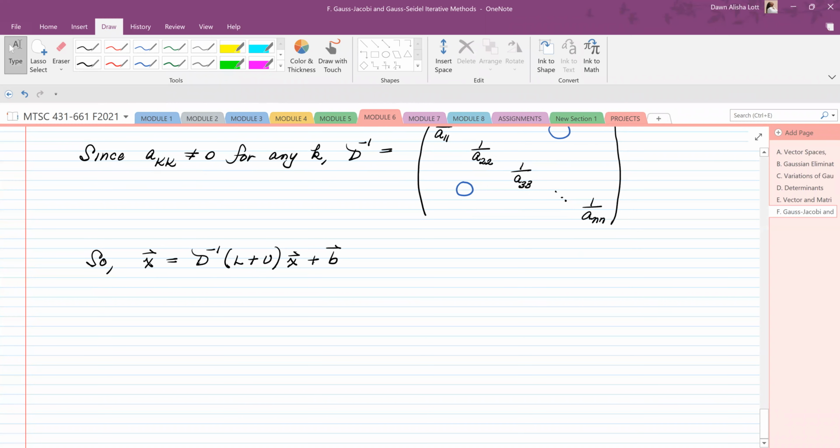So then you get D inverse times B. I forgot to multiply B by D inverse.